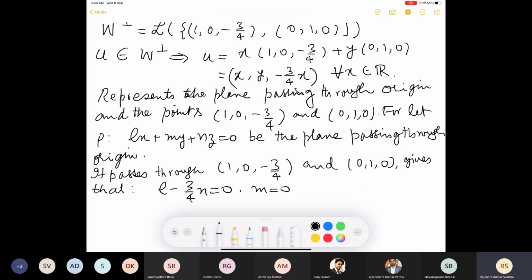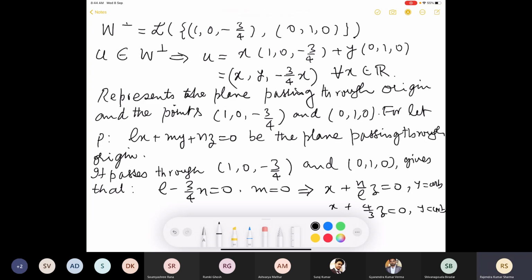And so if you substitute here, what you can get is that x plus N by L z, and y arbitrary, this is the plane, or this is x plus 4 by 3 z is 0, y arbitrary.